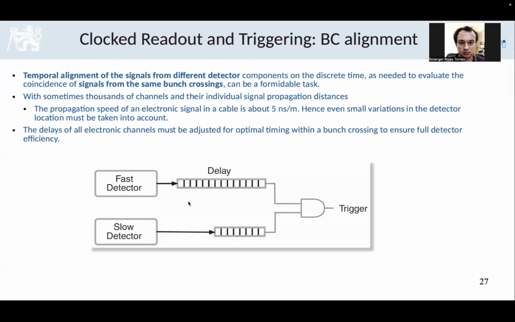Okay, so to align when the detector signals arrive, you normally have some pipelines or delay that is produced here. It can be either cables or digital buffers. And this can be divided exactly in these 25 nanoseconds because we know that the clock works in these multiples.